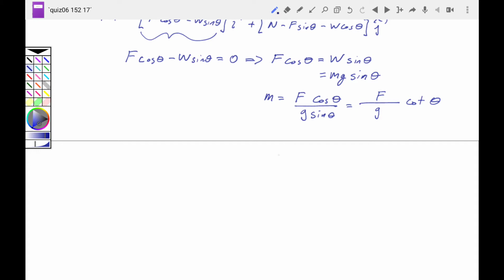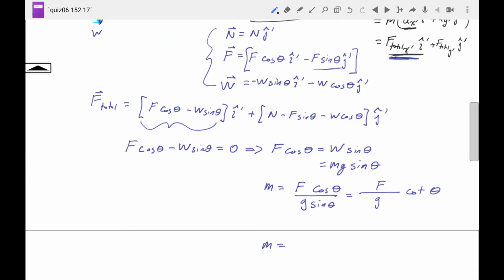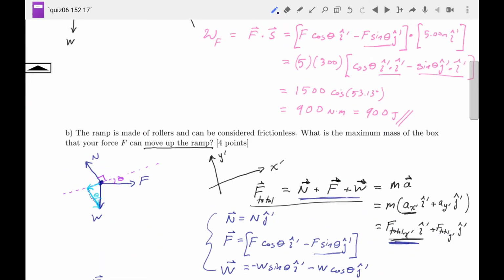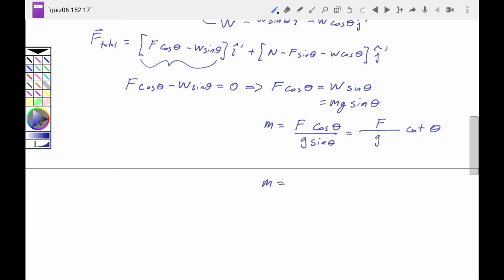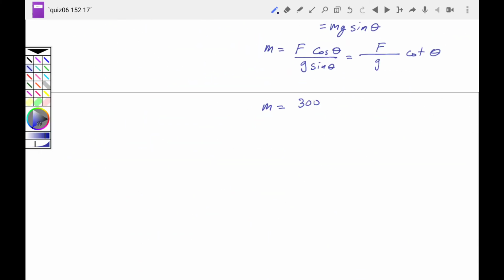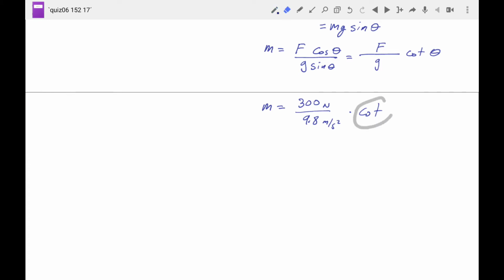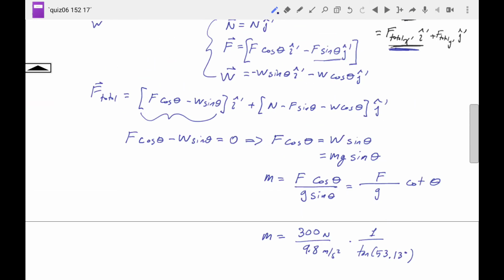So m equals, what was it, 300? Yeah, 300 newtons divided by 9.8 meters per second squared times cotangent. You know what? I don't have a cotangent button on my calculator, so I'll just do 1 over tangent of, was it 53.13?